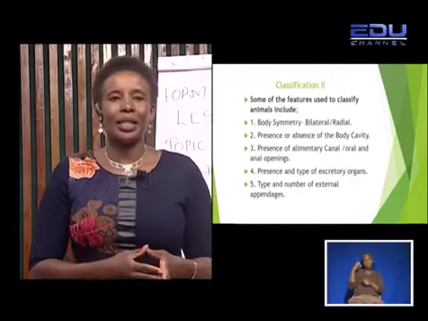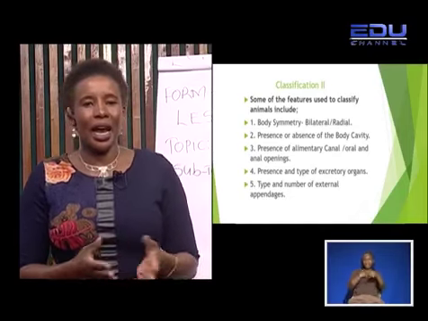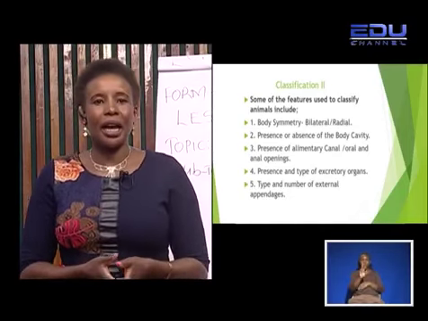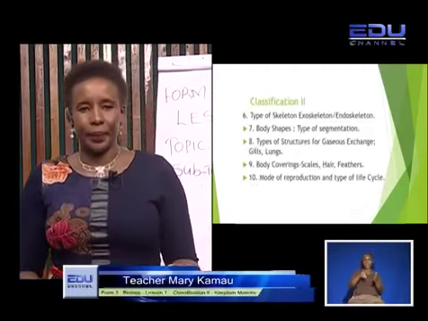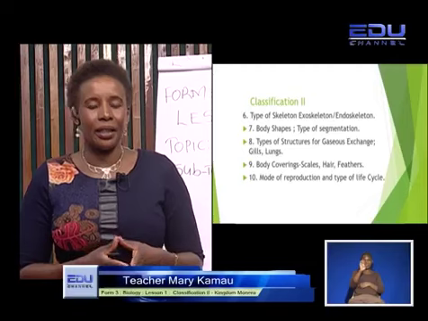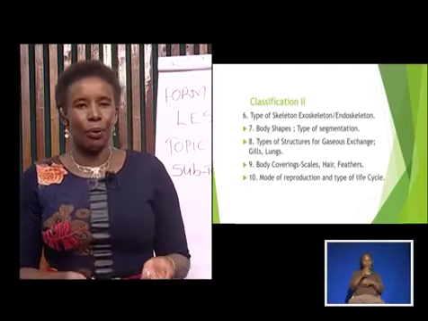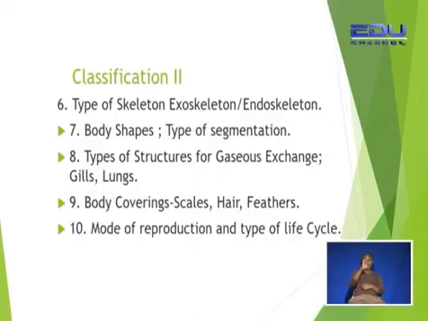Some organisms have 6 appendages, others have 2, others have 8 appendages. Appendages are limbs, the legs. Others have different types of skeletons which can be used to classify these organisms. For example, we have ourselves who have endoskeletons. Organisms such as locusts have exoskeletons, which can be used to classify them.